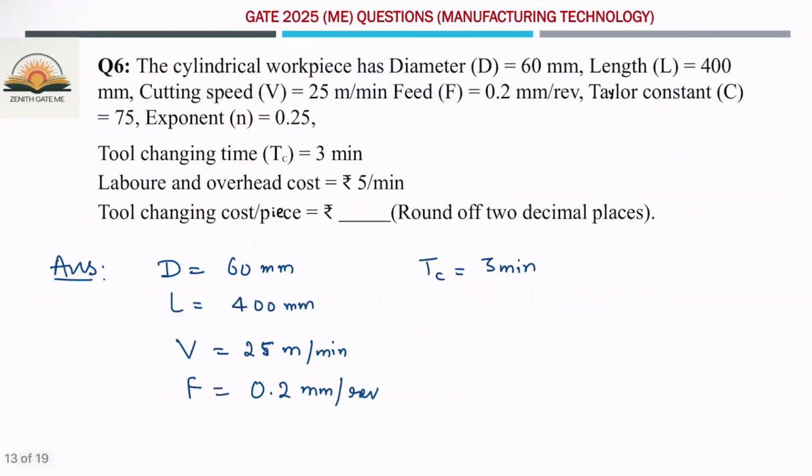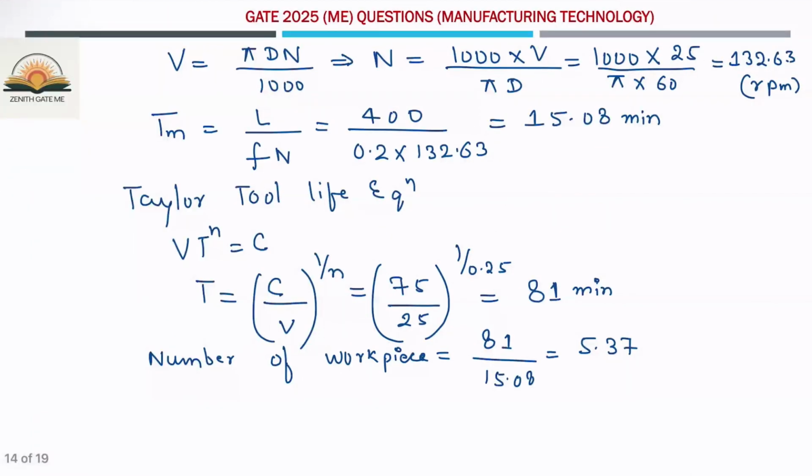You can see here, the cost is rupees 5 per minute and changing time is 3 minutes. So the total tool changing cost is nothing but 5 into 3, which is 15. Okay. Now the number of workpieces you are producing is 5.371.